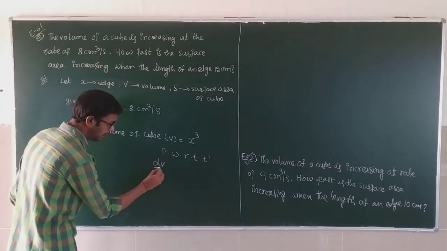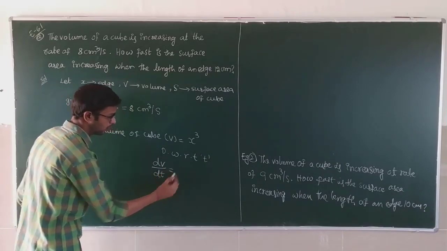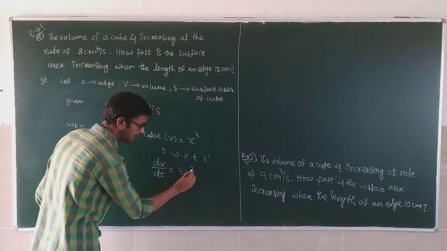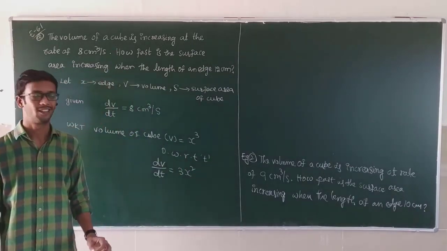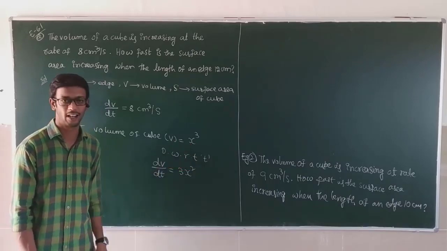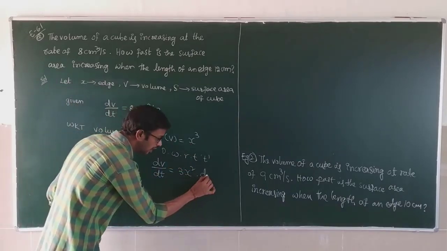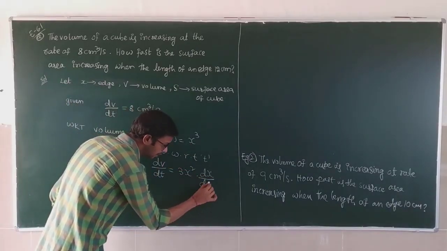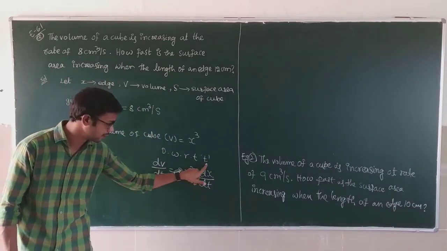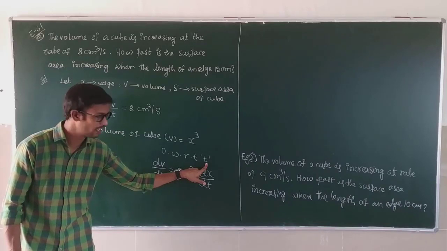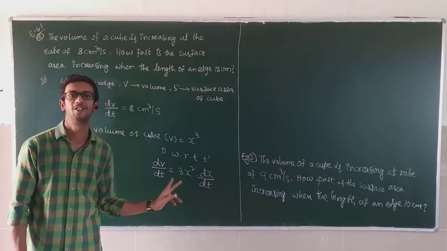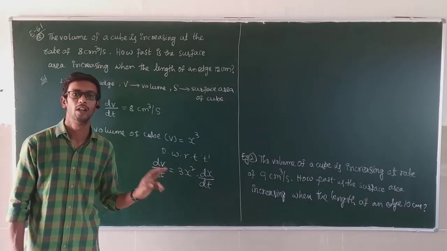What you'll get is dV by dt is equal to x cube derivation 3x square. With respect to t derivation making, but x is there. So what we have to write here? dx by dt. With respect to t derivation making, t place x is there. So that's why dx by dt chain rule we have to use.